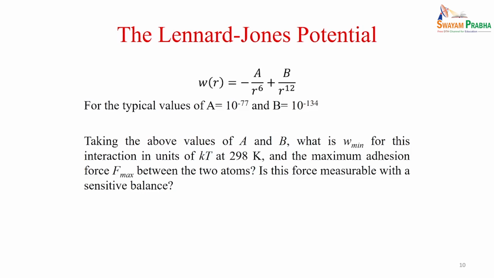This is a typical Lennard-Jones potential, which says this is the attractive term, this is the repulsive term, and for typical values of A and B, let us consider 10 to the power minus 77 and 10 to the power minus 134.